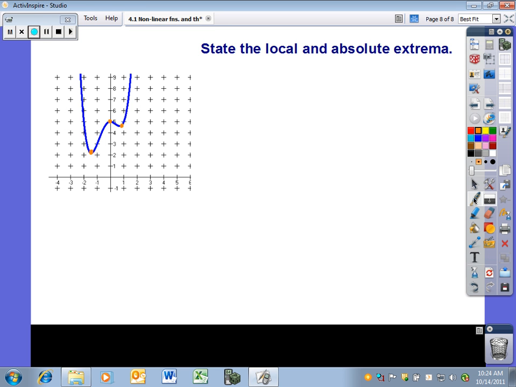So in this case, the absolute max, it never reaches an absolute highest. So there is none. An absolute min, where does it reach the absolute lowest point? And that would be what y value, and it looks like there. So let's say it's about 1.8.